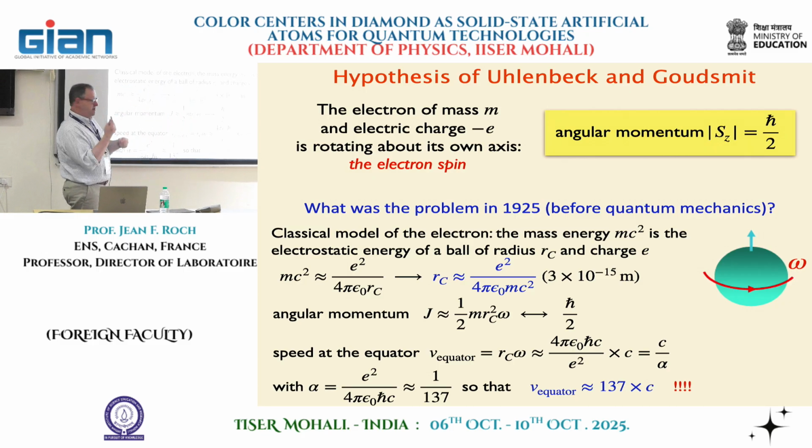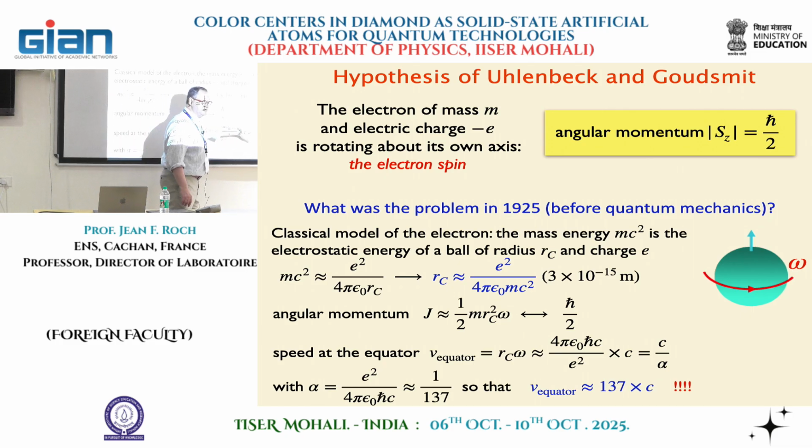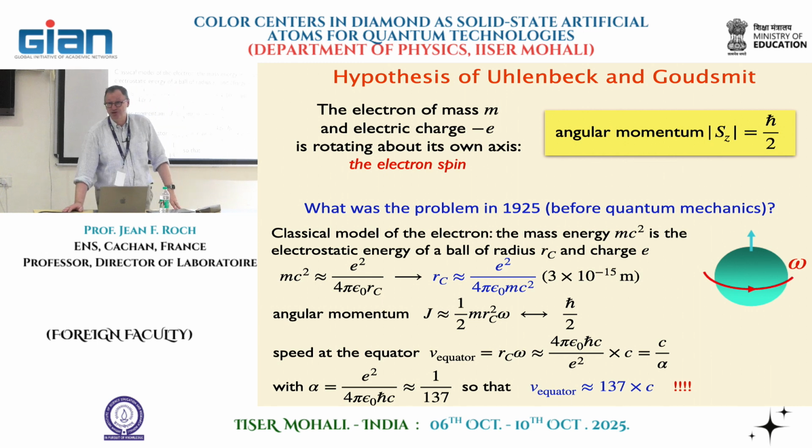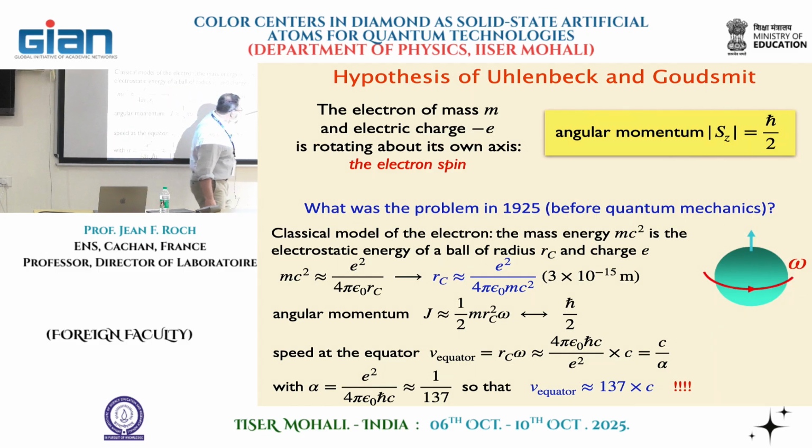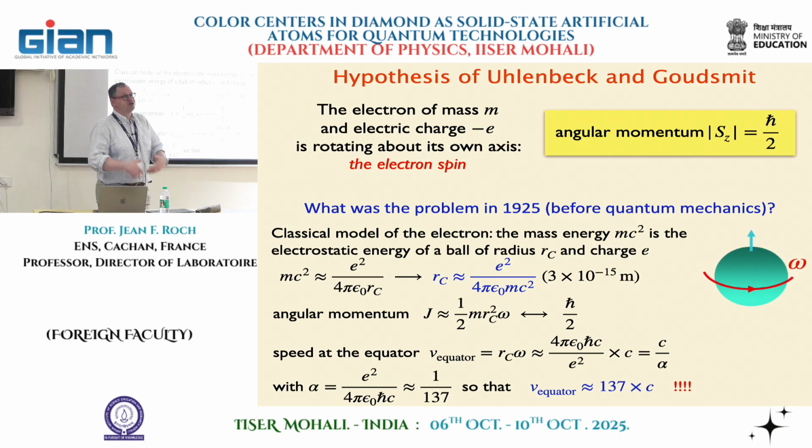So the speed of the equator, if I do this simple calculation, is c, the speed of light, divided by alpha. Well, alpha is the fine structure constant, which is equal to 1 over 137. So what I see is that the speed at the surface of the ball representing the electron is much, much higher than the speed of light, which is, of course, impossible.